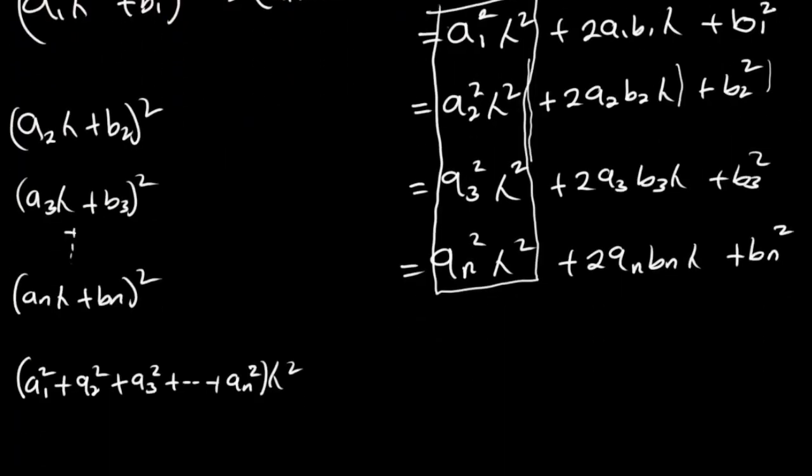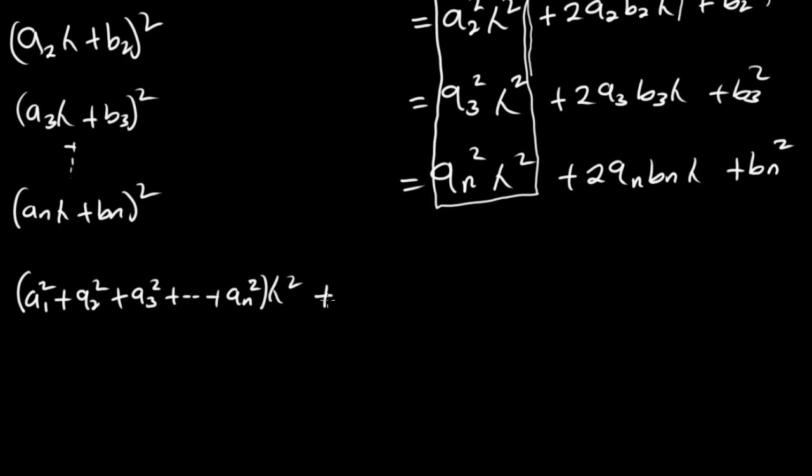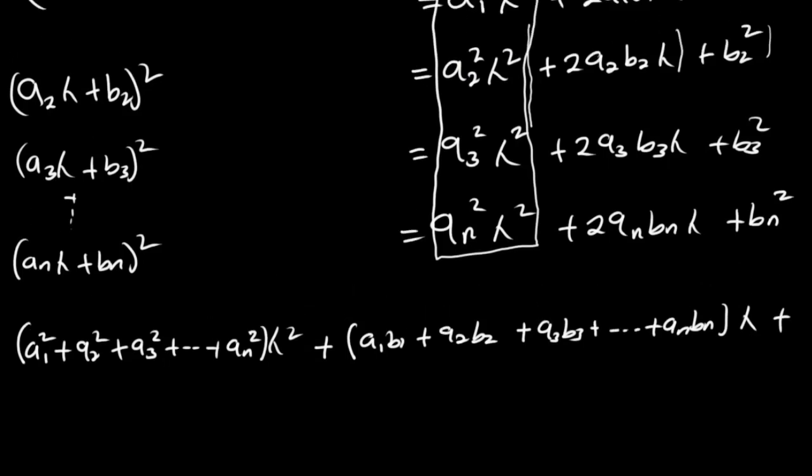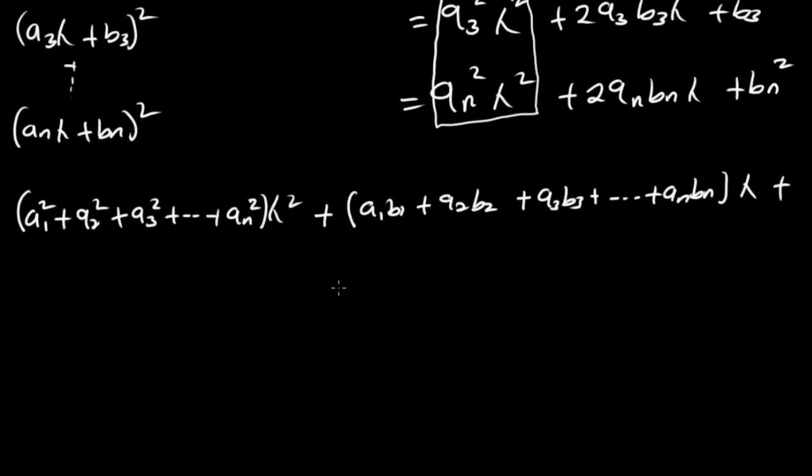Again, doing the same for the expressions that contain only lambda, plus a1 b1 plus a2 b2 plus a3 b3 plus an bn, times lambda, and lastly all the expressions that are constant, b1 squared plus b2 squared plus b3 squared plus lastly bn squared.